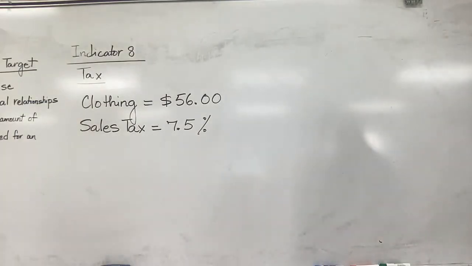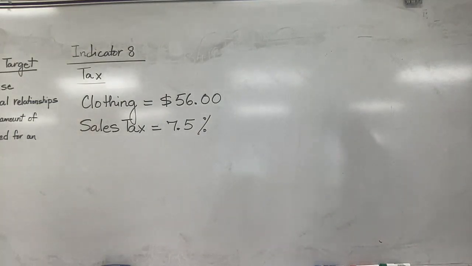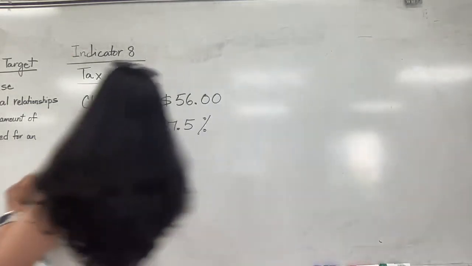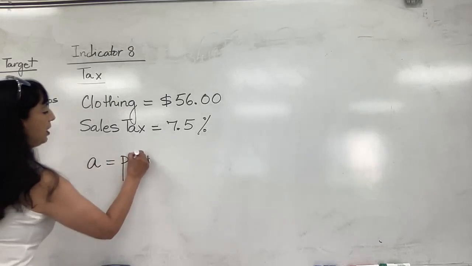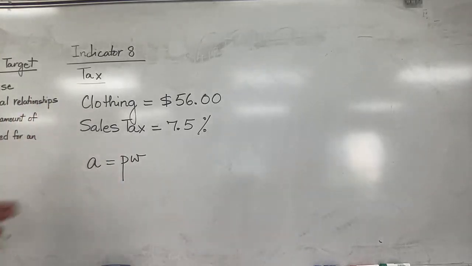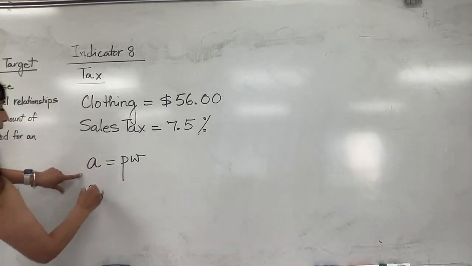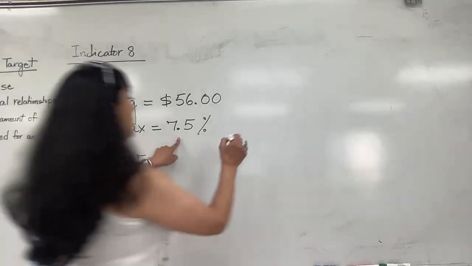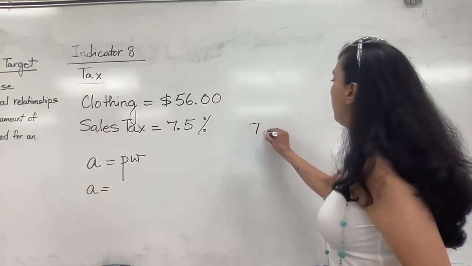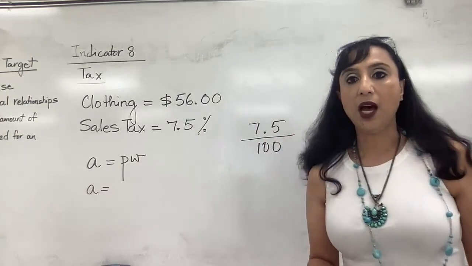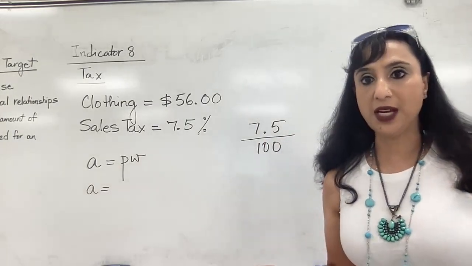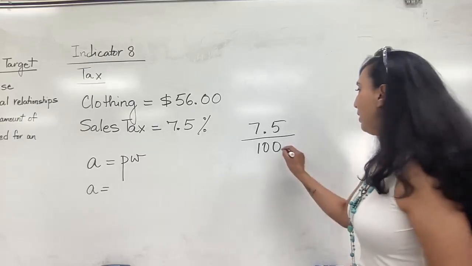So in order to do that, I'm again just going to go ahead and straight up do the percent formula. A is equal to P times W. What is the tax, which is the part? I am going to convert 7.5% into a decimal. Convert the percent to a decimal. That means I divide by 100.